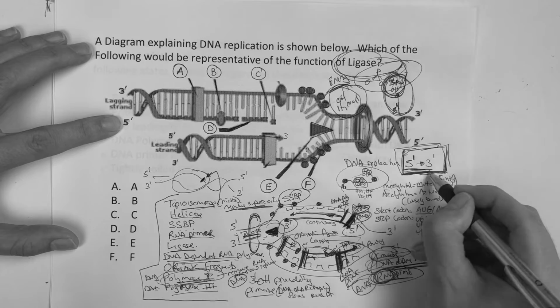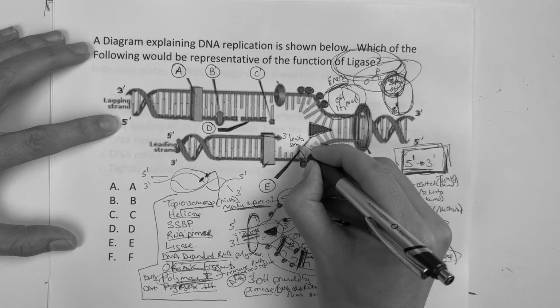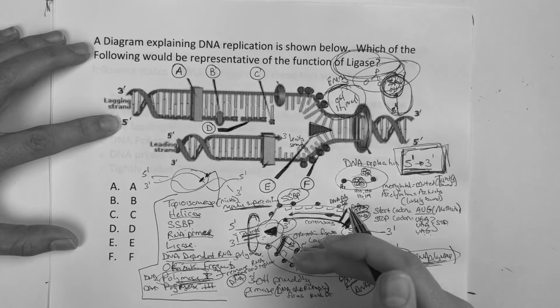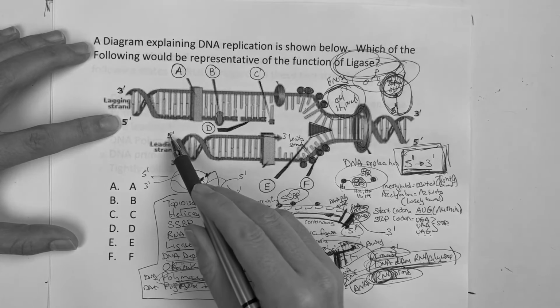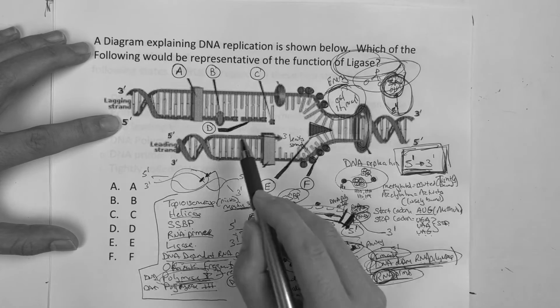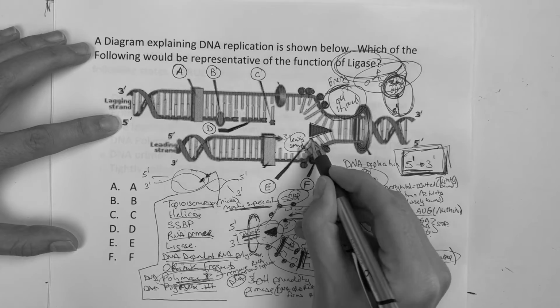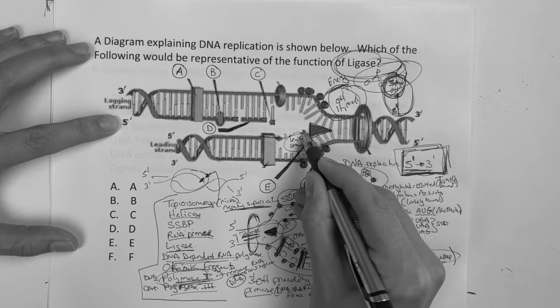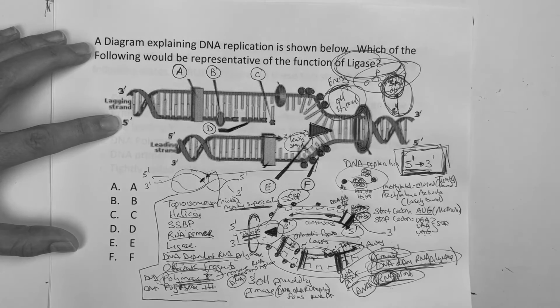Well, we like 5' to 3', so this must be a leading strand, and it just happens to be on the bottom. So don't let them fool you, okay? They could put them on top or bottom, we don't care. You've got to look to see which one goes from 5' to 3'. And since it's 5' to 3' on the one that they're creating, this has got to be the leading strand because it's moving towards the replication fork.